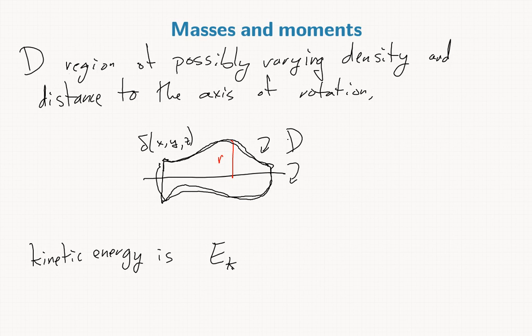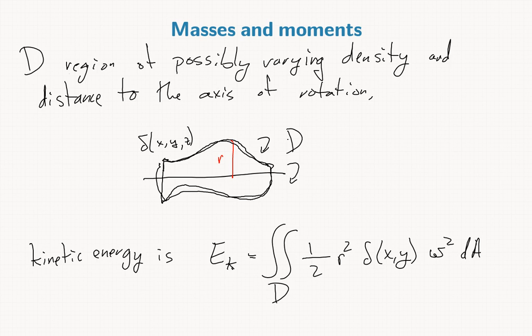Ek is now the integral over D of 1/2 r squared, but the m gets replaced by delta of xy, the density, and then omega squared, all with respect to dA, where r of xy is the distance to the axis of rotation, and now that could vary.